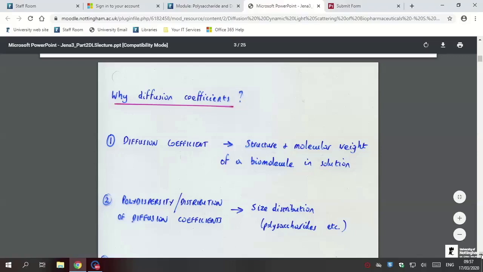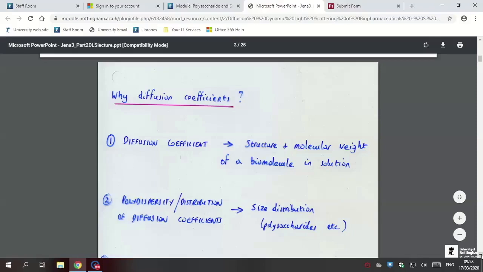Because if you get jobs in biopharma or you go on to academia, you need to make a decision which technique is most applicable for the particular problems that you want to solve. So you need to know what the techniques can do and what are the limitations. The same as with CD spectroscopy, which we'll talk about in the lecture after me.